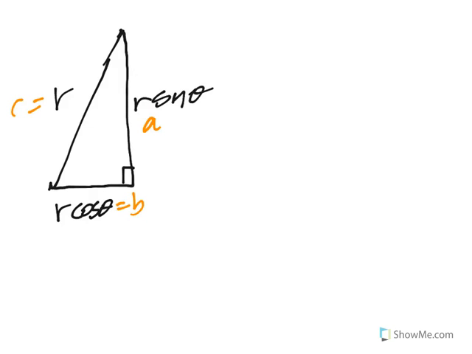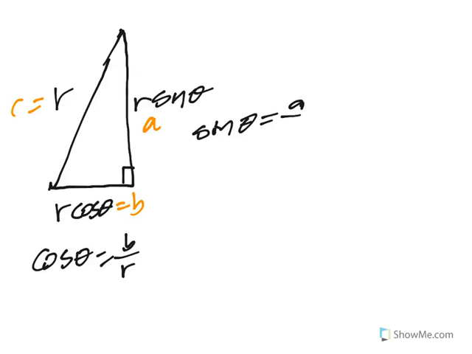So one thing that we know for sure is that we could solve this for cosine of theta and solve this one for sine of theta. So here, cosine of theta, divide by the r, that's b over r, and sine of theta is a over r.